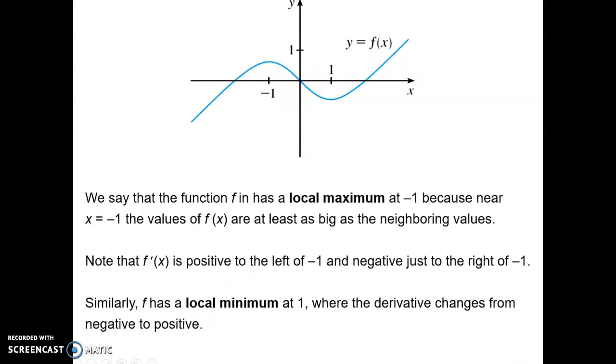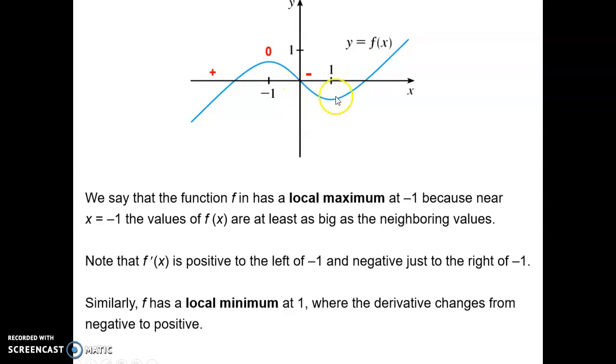We say that the function f has a local maximum at x equals -1 because the output of the function near x equals -1 is higher than all of its neighboring values. Note that the derivative is positive to the left of -1, 0 at -1, and then negative to the right of -1.